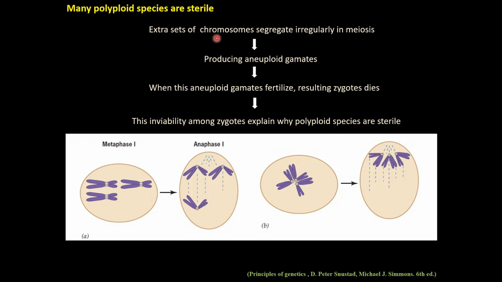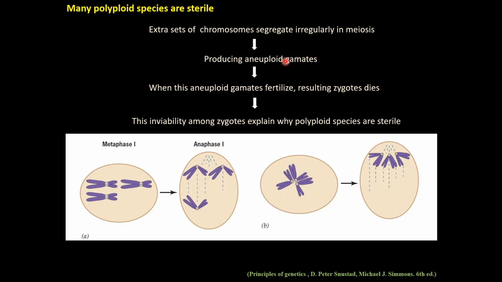The reason behind this is that the extra chromosome sets in polyploid species segregate irregularly during meiosis, which further leads to aneuploid gametes. And if these aneuploid gametes unite in fertilization, the zygote produced from such fertilization almost always dies. This inviability explains why many polyploid species are sterile.